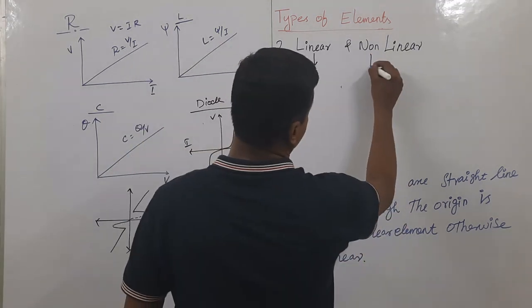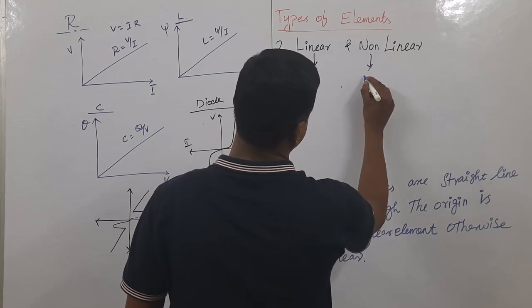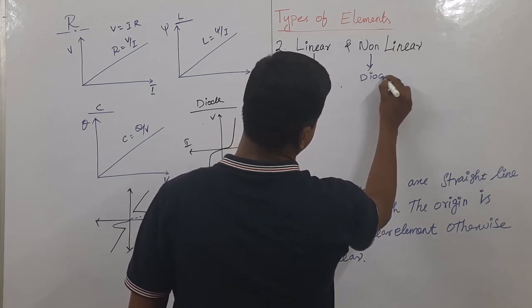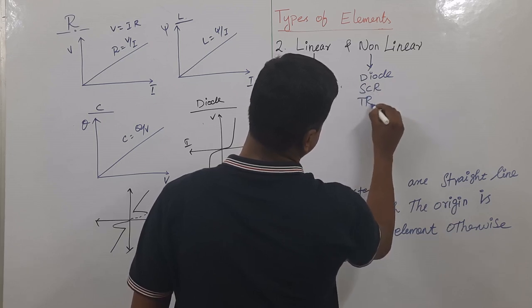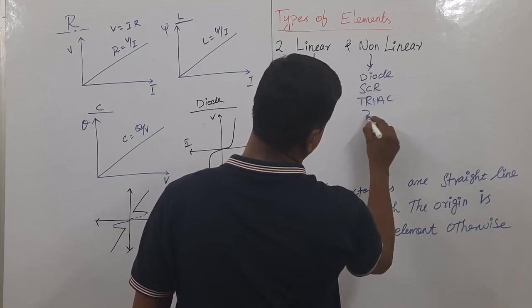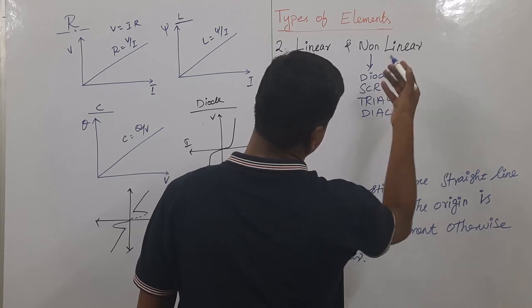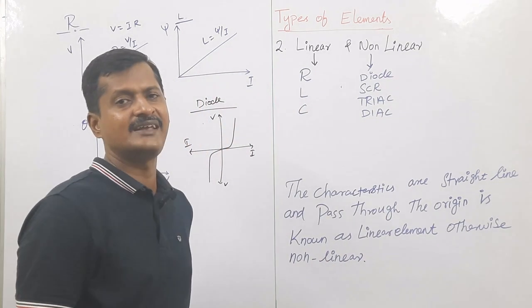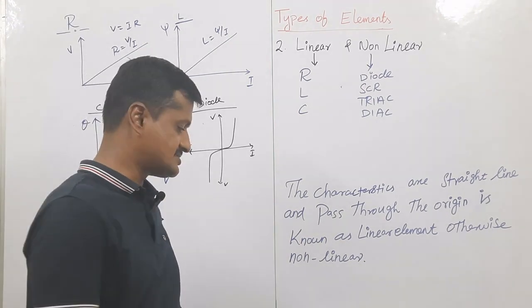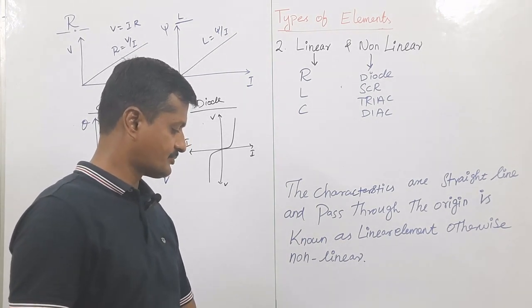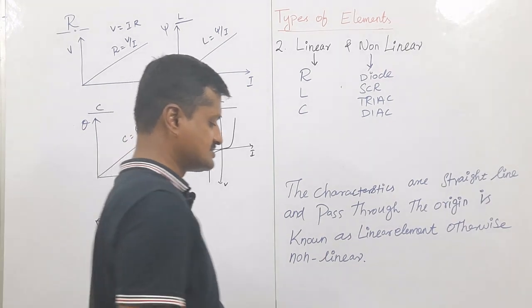So the non-linear elements are diode, SCR, triac and diac. So these are some of the non-linear elements: SCR, triac, diac, transistor, op amp.